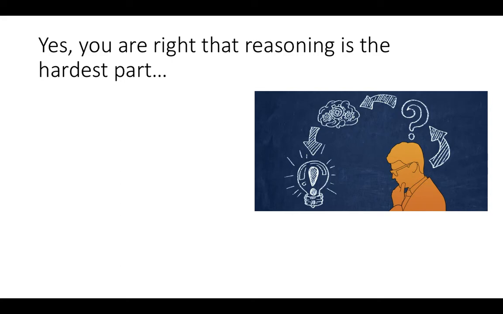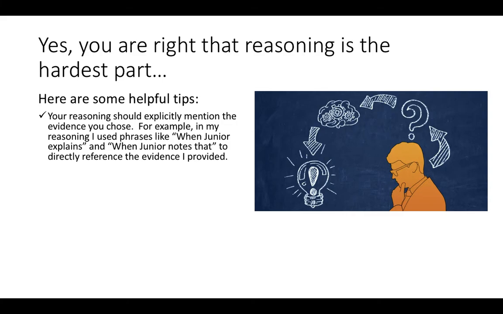So you're right. If you're thinking that reasoning is the hardest part of coming up with a complete argument, you're totally right. It is the hardest part. Here are some helpful tips. Your reasoning should explicitly mention the evidence you chose. For example, in my reasoning, I used phrases like when Junior explains and when Junior notes that to directly reference the evidence I've provided.